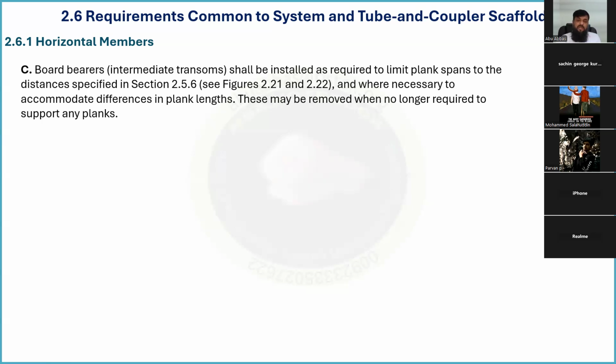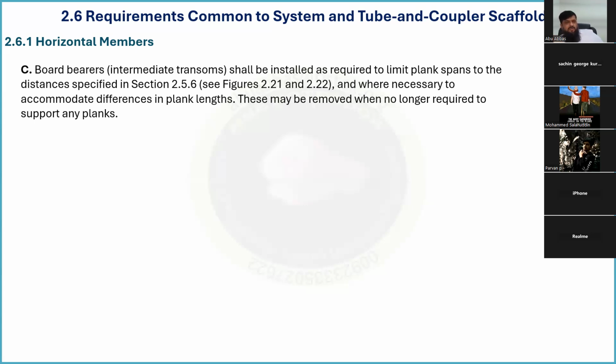It means when we are using any lift as plank level, we will put these intermediate transoms to support our boards to minimize the span. Or if we are having different size planks, again we have to give the support beneath them. As it says, should not be more than 12 inches and less than 6 inches beyond the runner and beyond the barrier or board barrier.